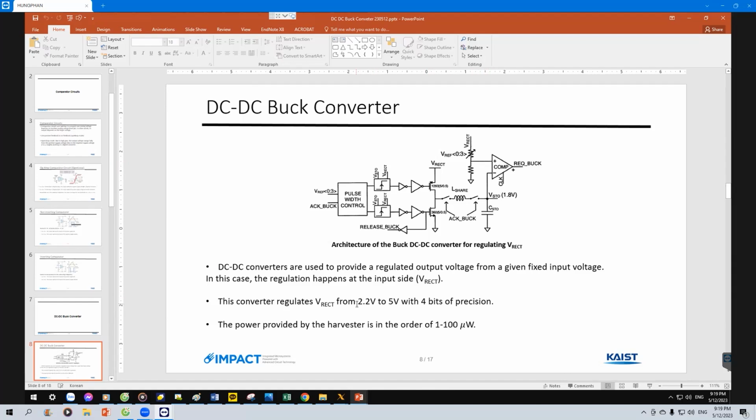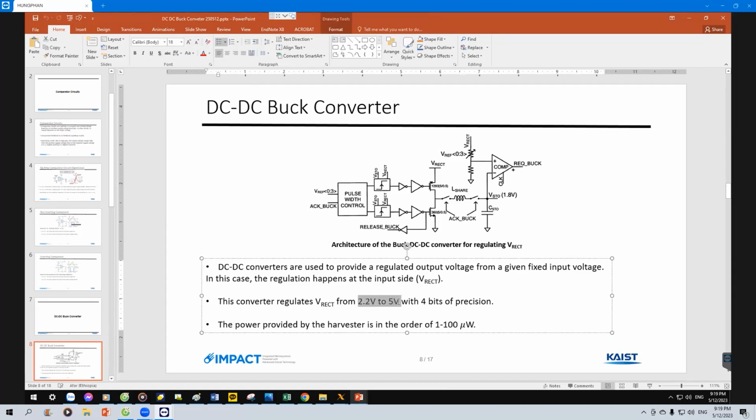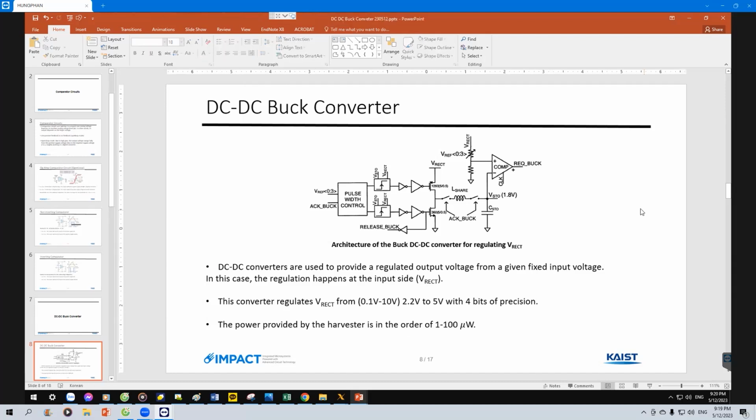However, if your range is larger, for example 0.4 to maybe 10 volt or something, then the reference voltage should be much smaller, right?